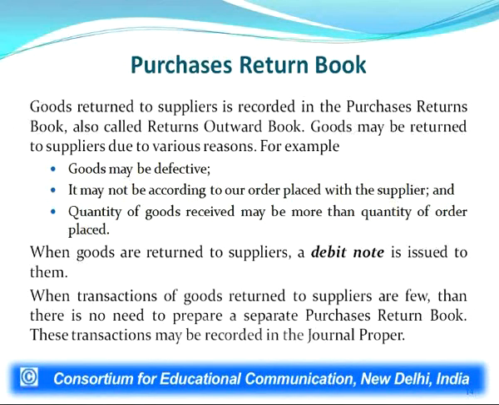So, when transactions of goods returned to the supplier are few, then it is not necessary to prepare a separate purchase return book, because if there are few transactions, they may be recorded in the journal proper.